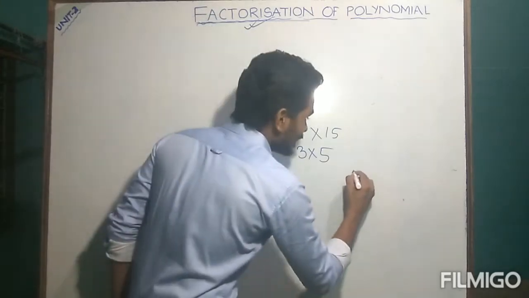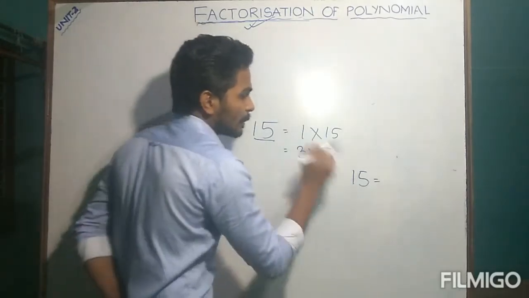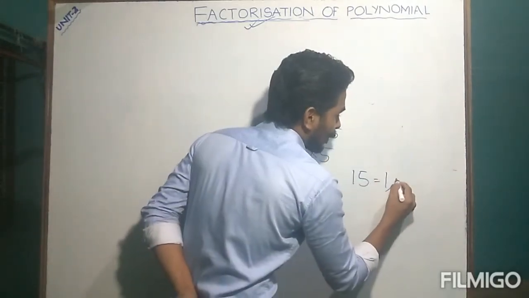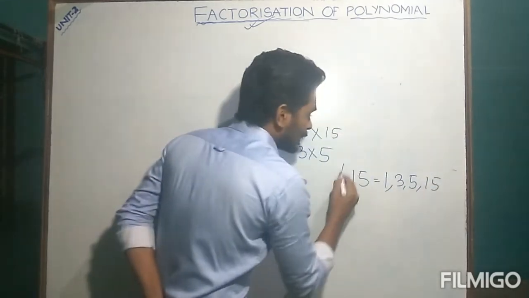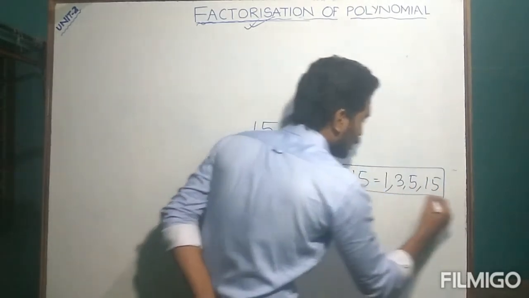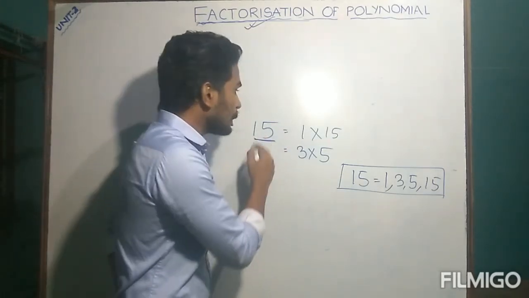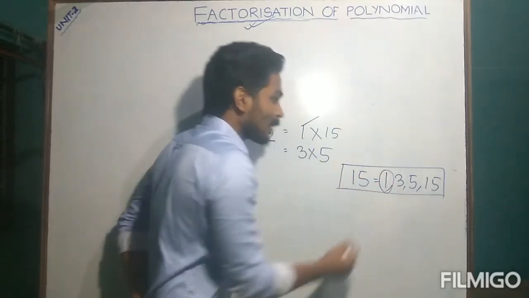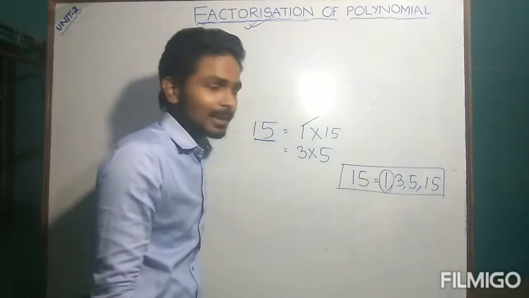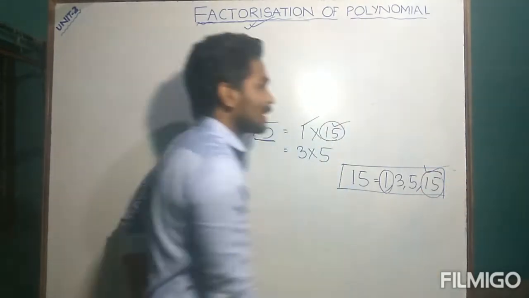Here, suppose we are finding the factors of 15. The factors of 15 are 1, 3, 5 and 15. These are the four factors of 15. And you can see whenever we write 15 as 1 into 15, here 1 comes, and 1 is a factor of 15. Here we get 15, and 15 is also a factor of 15.